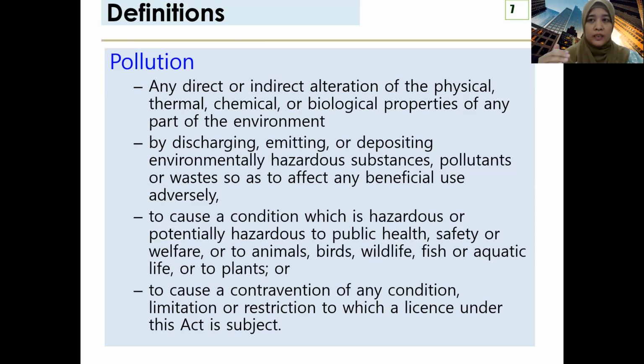Below the standard, or below the amount, below the parameters, below the minimum, the stated amount is not considered pollution. But once you go above, beyond the amount that is set in the condition of the license, then you are considered as a polluter. The activity is a polluting activity.